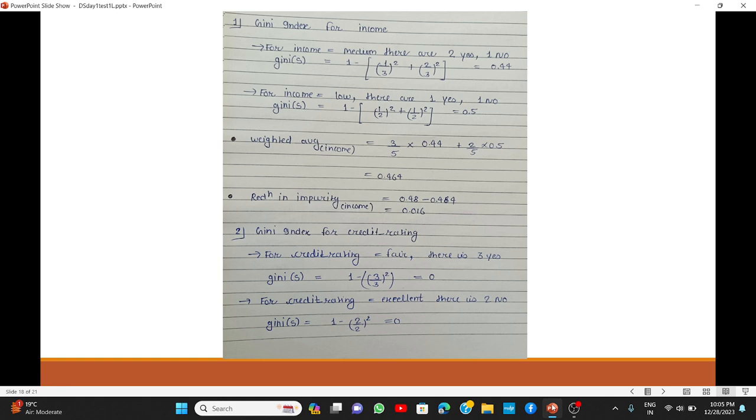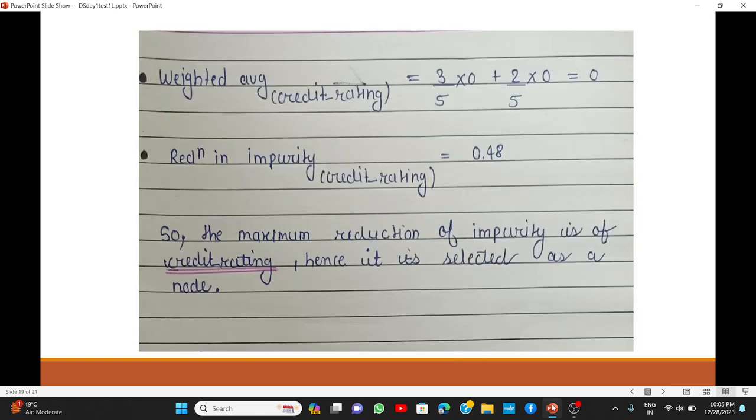Now Gini for credit rating: in fair there are 3 yes, so Gini for fair is 0, and Gini for excellent is also 0, and the weighted average for credit rating is 0, and the reduction in impurity of credit rating is 0.48. So the maximum reduction of impurity is of credit rating, hence it is selected as a node.